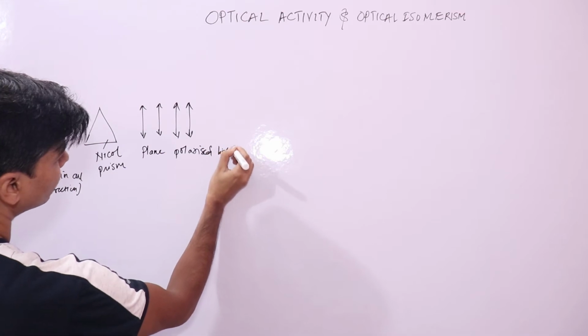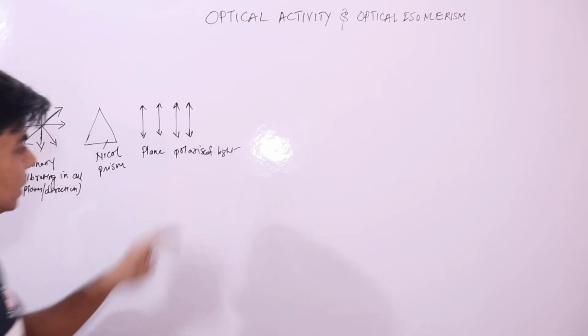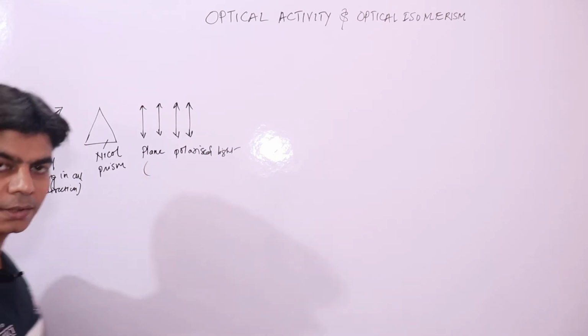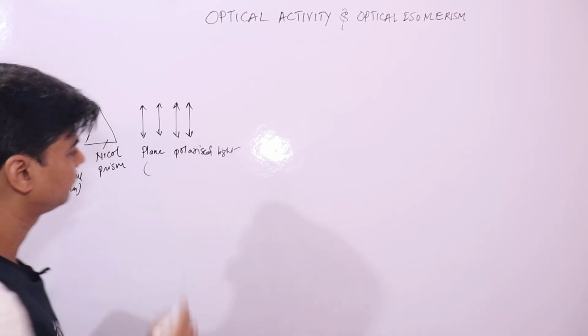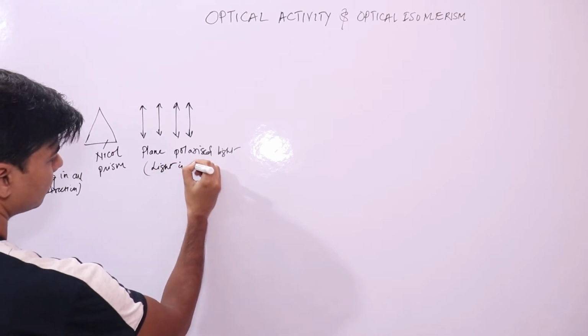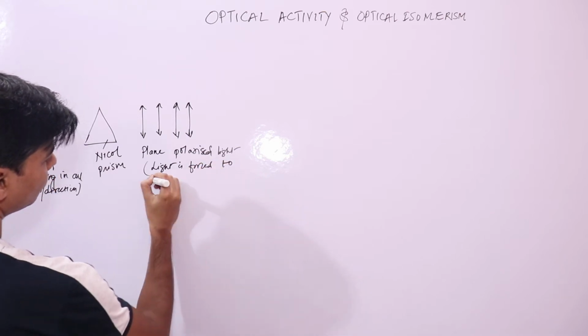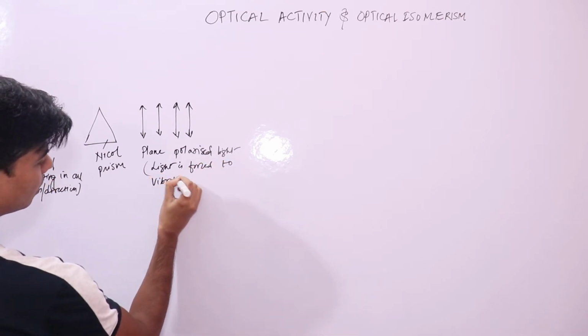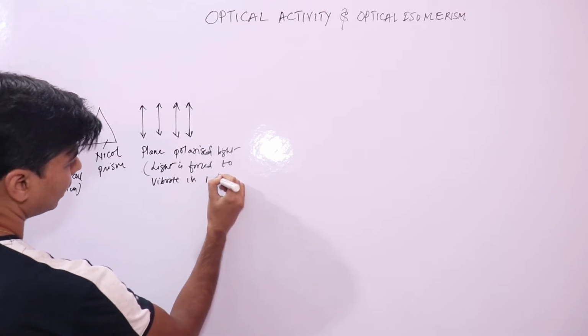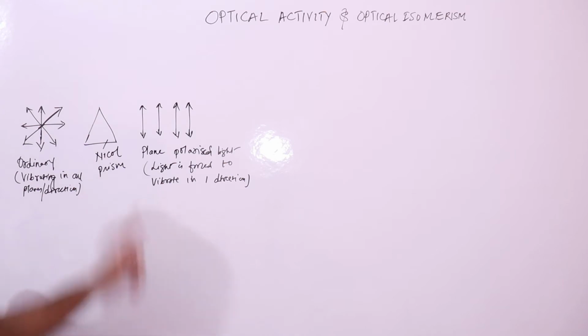Plane polarized light. The meaning of plane polarized light is that light is forced to vibrate in one particular direction. You can see this is vibrating in one particular direction now.